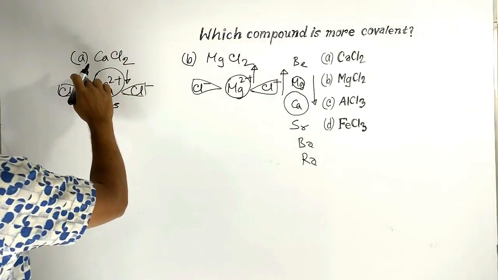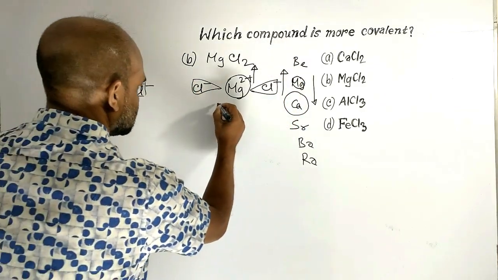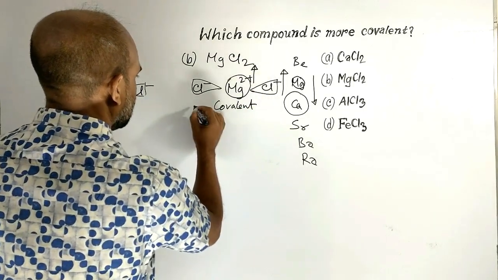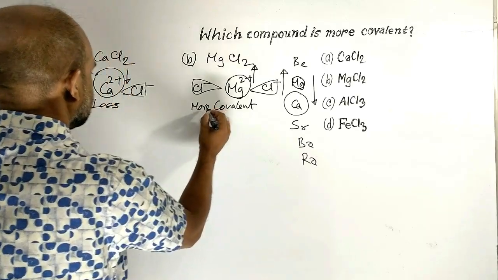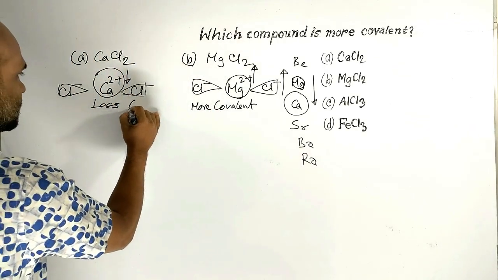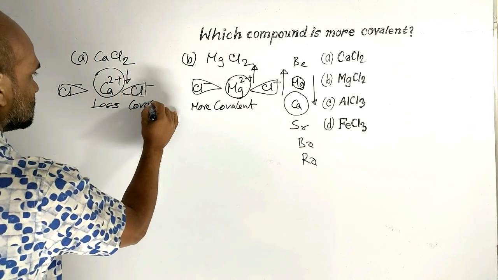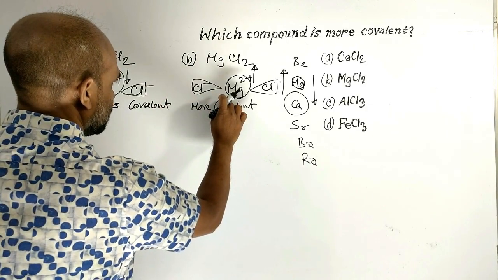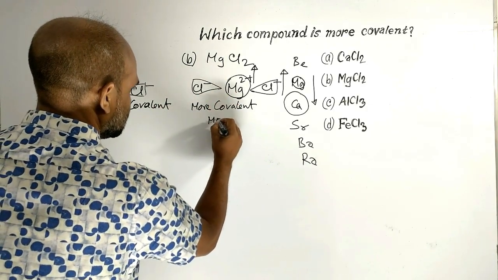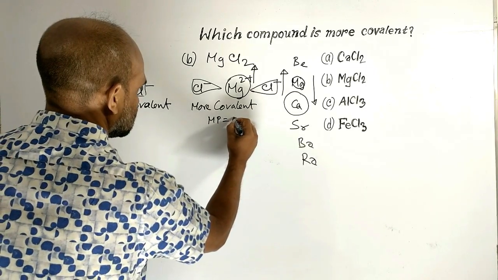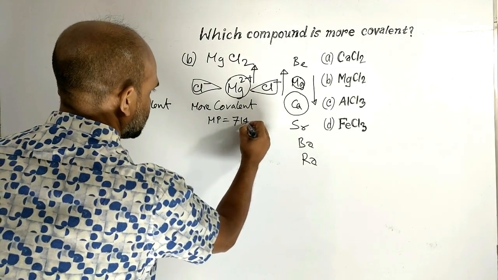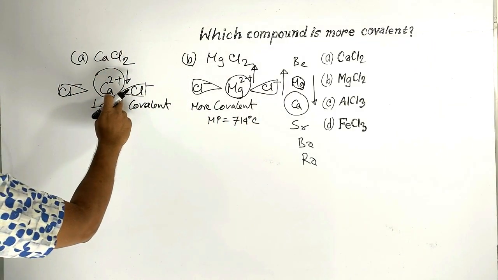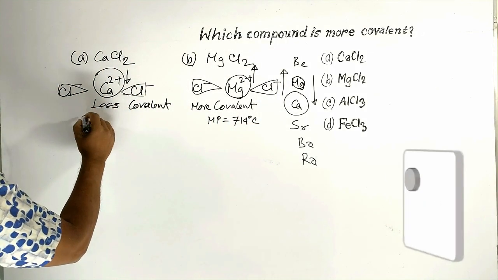So in between these two, this is more covalent and this is less covalent. As this is more covalent, its melting point is 714 degrees Celsius, and this is less covalent, that is more ionic.